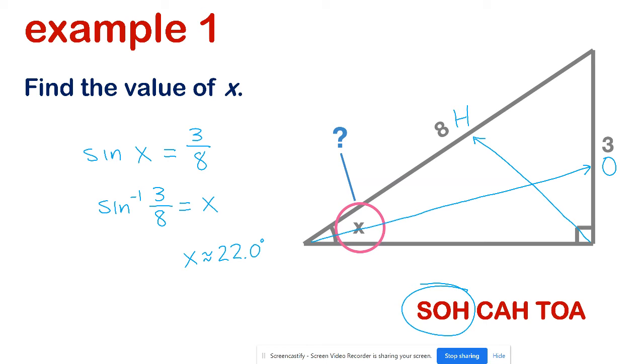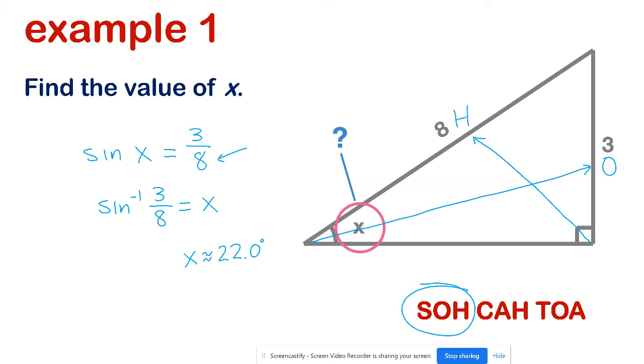And a couple of things to look out for as you're doing these. First thing, whenever you're doing sine or cosine, when you set up your fraction, the big number should always be on the bottom. Your denominator should always be bigger than your numerator. That doesn't always work for tangent, but for sine and cosine, that's always the case. Second thing to look at is we're dealing with right triangles.